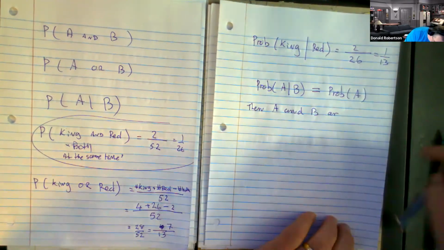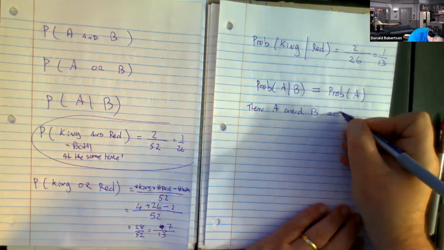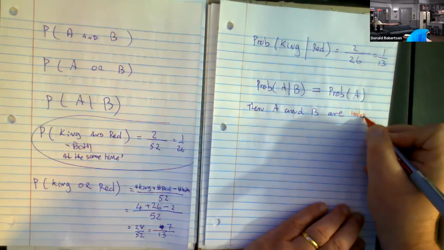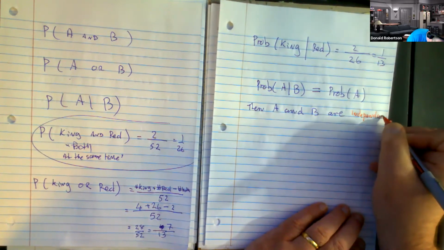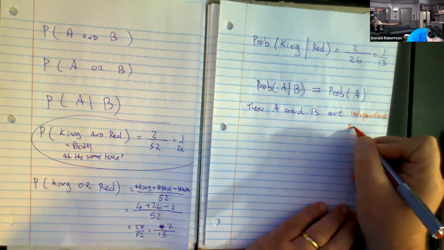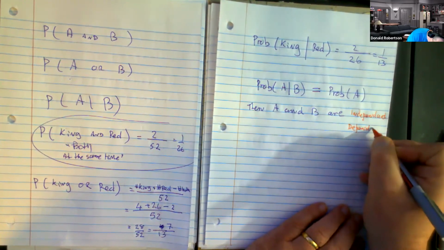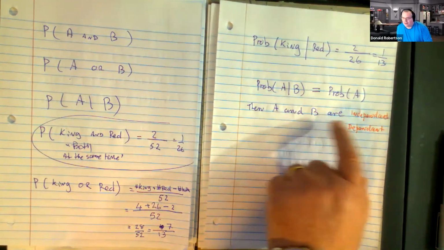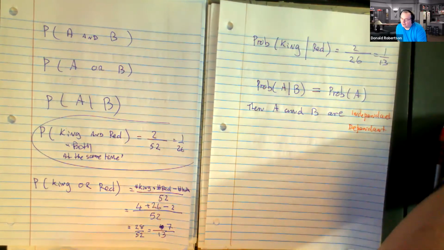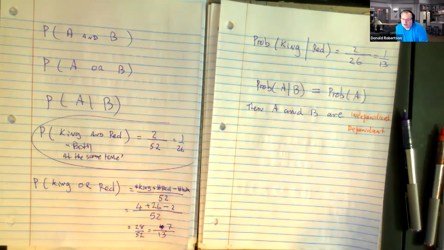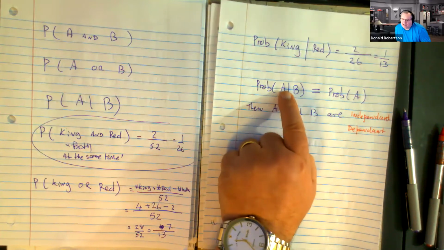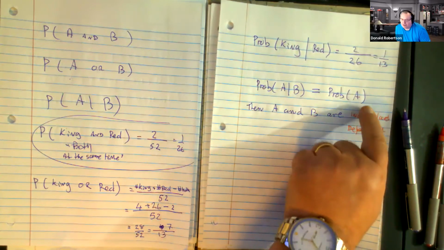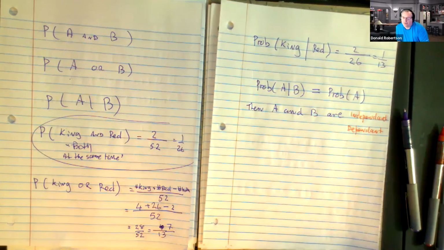And the choices are A and B are independent, or A and B are dependent. And I like the word dependent instead of the word not independent, but that's me, right? Because sometimes they call it not independent. If the probability of A given B is the same number as just calculating the probability of A, which of these two is the conclusion that you will make?